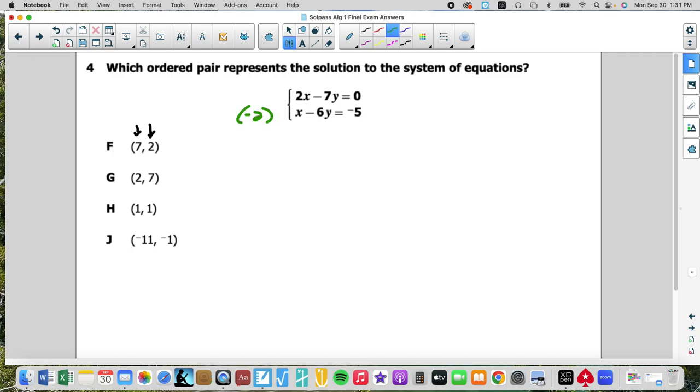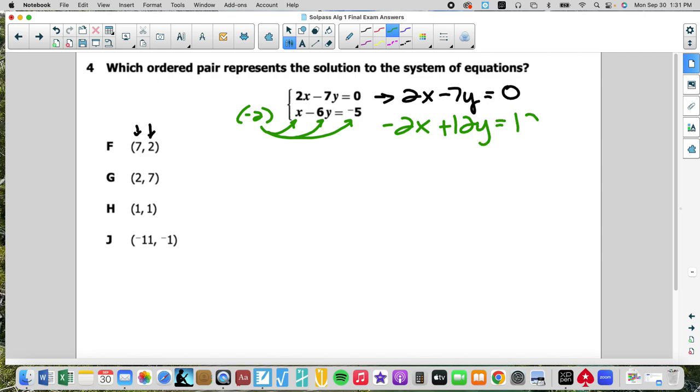I'm going to multiply this bottom equation by -2. I'm going to multiply each of the items and write an equivalent equation with -2x plus 12y equals +10.